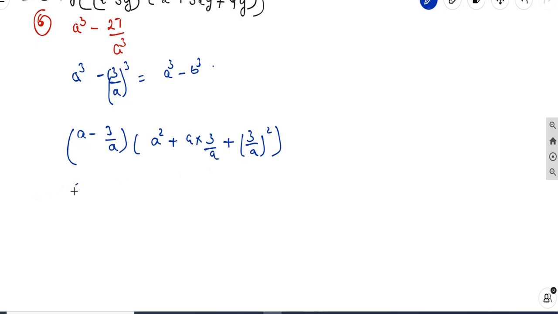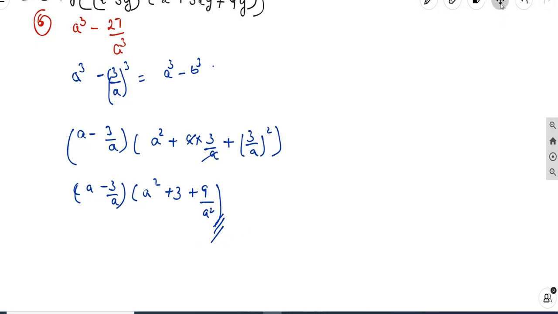Okay, so this becomes 3a minus 3a into a square. So this a and this a will get cancelled, plus 9 divided by a square. Okay, so this is the solution for problem number 6.